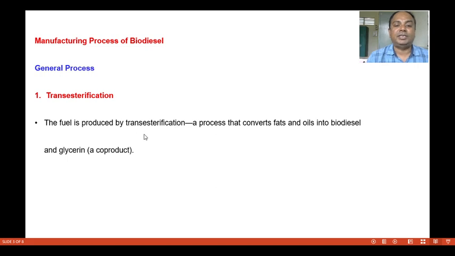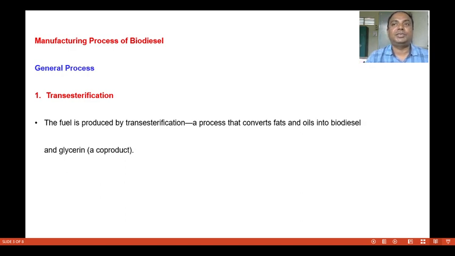So what exactly is the transesterification process? In the transesterification process, we subject fats and oil to the esterification process, and the esters which were there get converted into another type of ester.